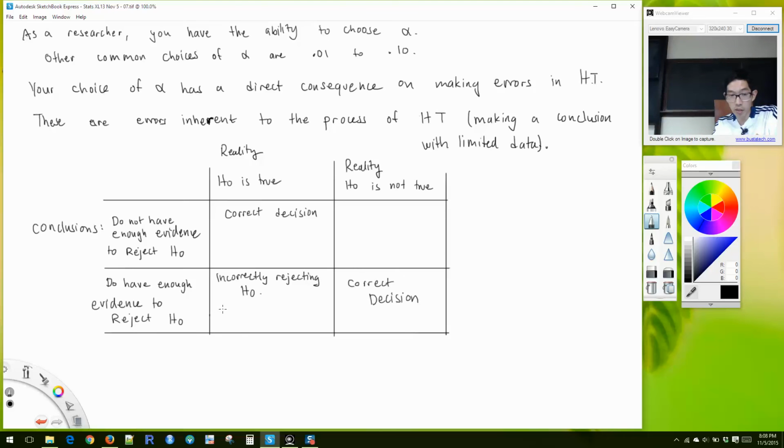Okay, and this error is known as a type 1 error. We did not get very creative in naming these errors. Sometimes this is called a false positive.